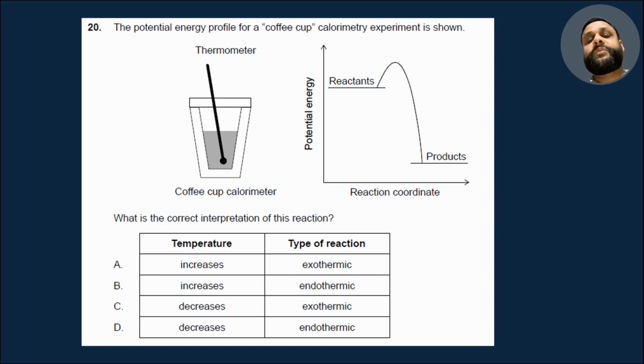Hence this is an example of an exothermic reaction, and in an exothermic reaction heat energy gets transferred from the system to the surroundings and the temperature of the surroundings increases. So let's go through the options. Option A, temperature increases, yes, and the type of reaction is exothermic, hence A is the correct answer.